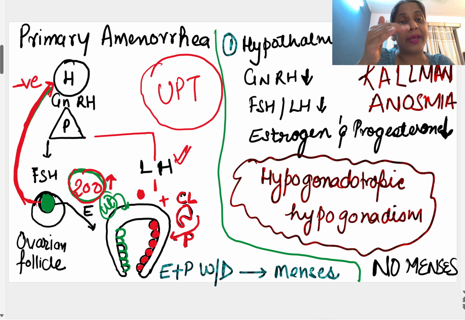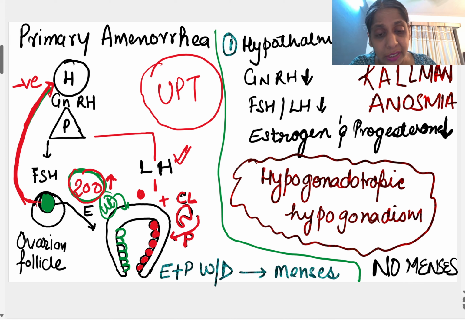The corpus luteum synthesizes progesterone. What is the function of progesterone? It stabilizes the endometrium, and it makes the endometrium secretory. Now it doesn't let the endometrium proliferate.